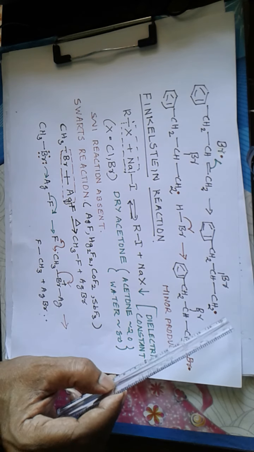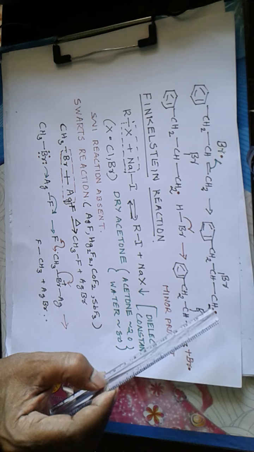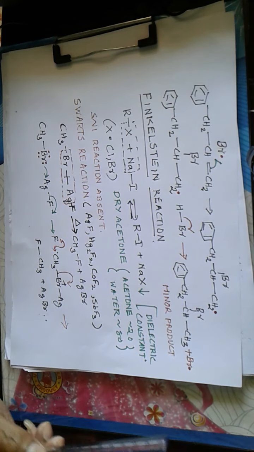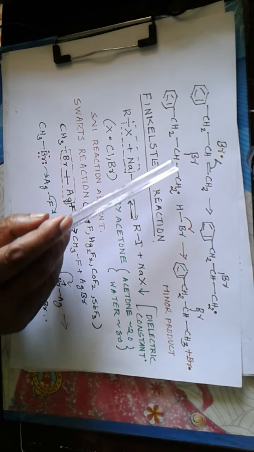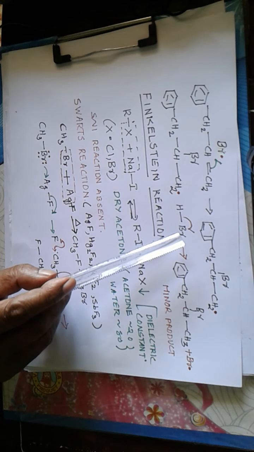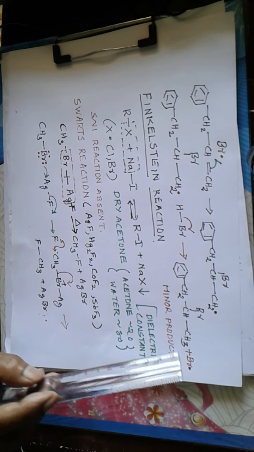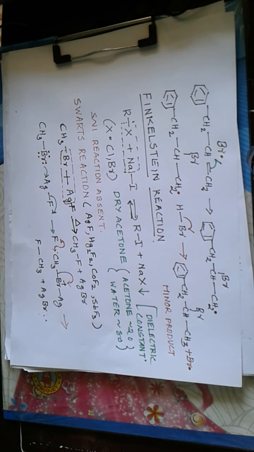So it's a primary free radical, which is less stable than a secondary free radical. Now this radical reacts with a molecule of HBr, producing another molecule and another radical. So much about free radical bromination or halogenation.